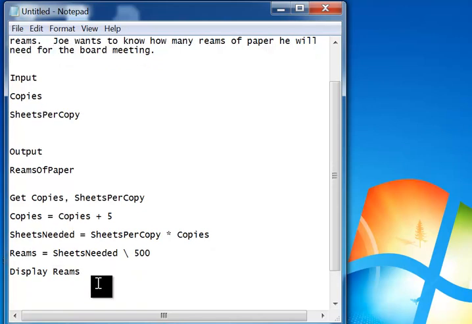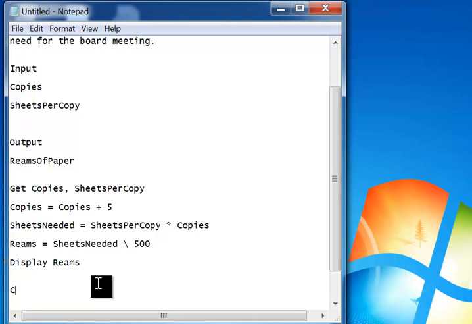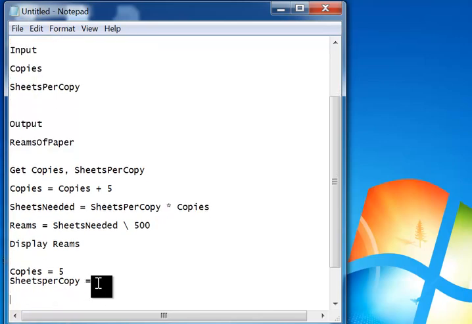Once again, let's kind of test this thing out. Our copies, we'll say, are equal to 5. Our sheets per copy, I'm going to make this easy on us. Sheets per copy is equal to 10, okay? I'm going to come in here, get copies. I did 5. Sheets per copy, I did 10. Copies plus 5 equals 10. So now my copies are 10.